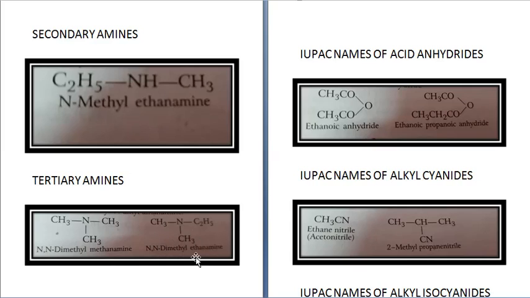And on the third carbon we have a methyl group. So 3-methyl butanamide. Next we have IUPAC names of acid halides. Acid halides have RC double bond OX. The parent carbon should contain the COX group and it should be given the lowest position.